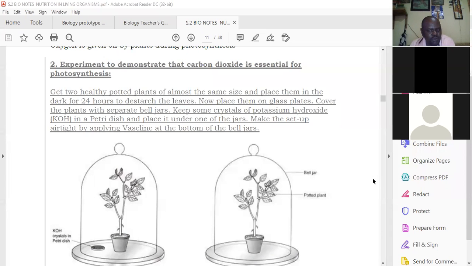Can I know why we have to place them in dark for 24 hours? Someone to respond. Why do we have to place the plants in darkness for 24 hours? Yes, please.